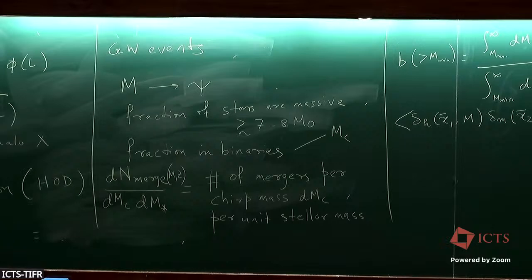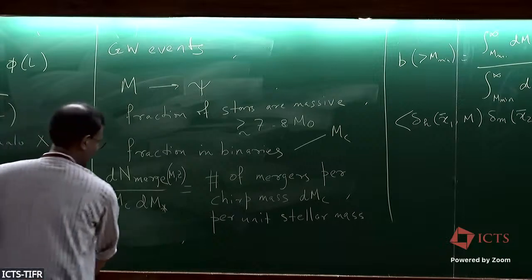For the moment, let us ignore the delay time. In the sense, let us assume that as soon as the star is formed, if possible, a gravitational wave event can go on. I will put in the delay time later. Let us keep it simple for the time being, and we will make things complicated as we go along.